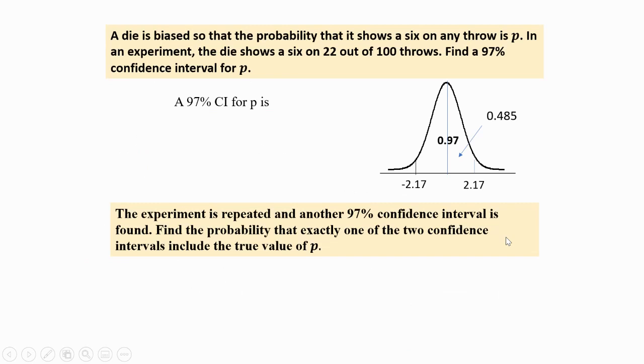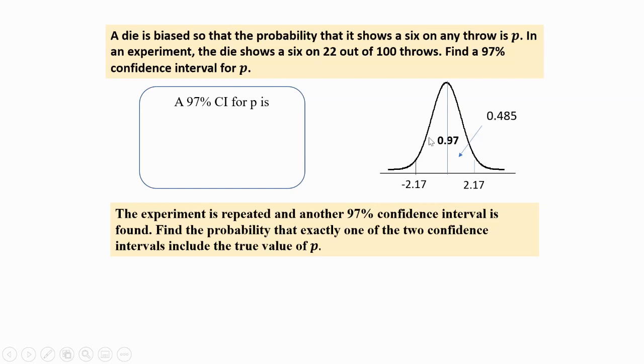Okay, so let's look at some different type of questions on this. So a die is biased so that the probability that it shows a 6 on any throw is p. In an experiment, the die shows a 6 on 22 out of 100 throws. Find a 97% confidence interval for p. Okay, so we know our p hat is going to be 22 out of 100.